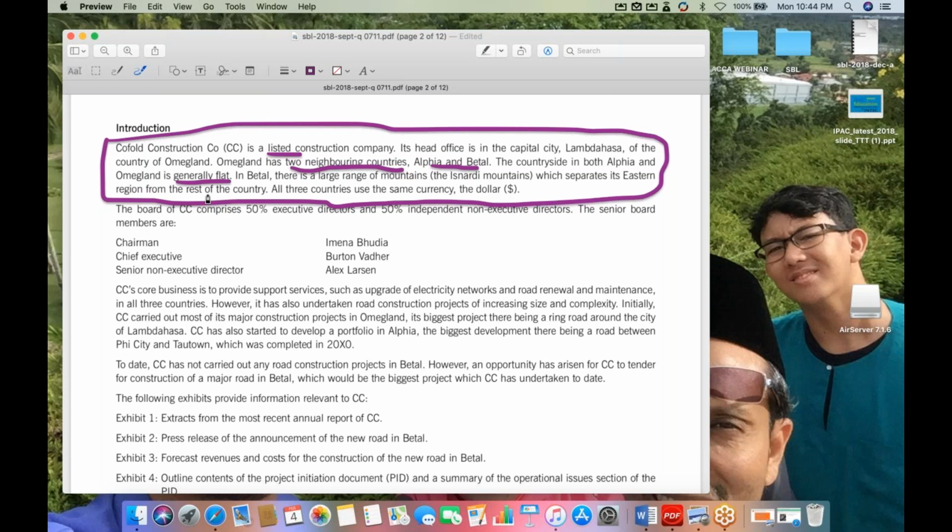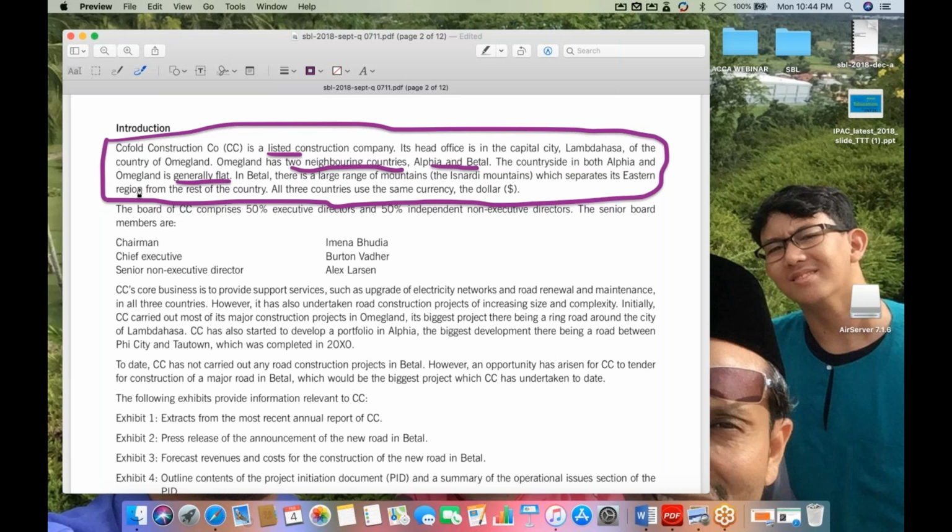So they're saying that this particular neighboring country has flat land, and then after that, Alfia and Omegaland, that means Omegaland is where CC is situated, and Alfia is the neighboring country, which also has flat land.